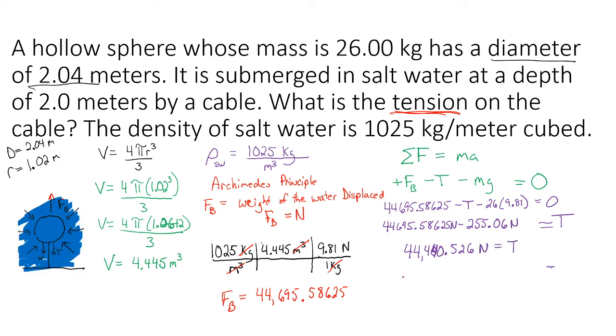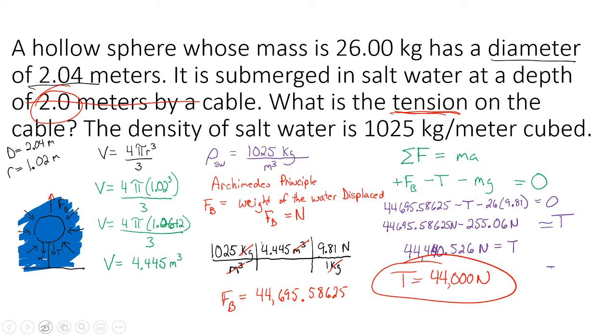So the final tension answer that we'll give when we put two significant digits into the problem is 44,000 newtons. One of the things, the 2 meters, I put that in every problem. Doesn't matter. I don't know if you caught on to that by now, but I hope you did.